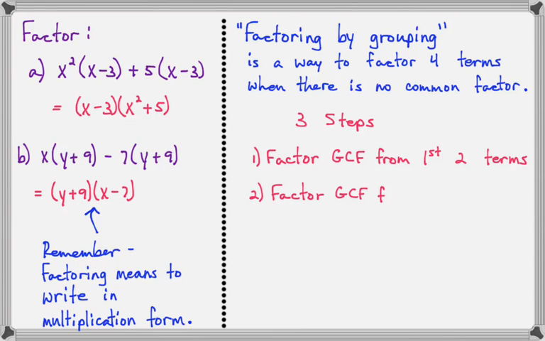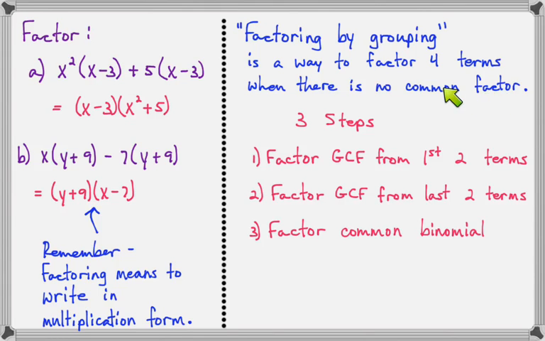Then you're going to factor the GCF from the last 2 terms, and they won't be the same. And then you're going to factor the common binomial, if there is one. So when I say there's no common factor, I mean there's no common factor for all 4. But you'll find that the first 2 have a common factor, and so do the last 2. And the result is 2 binomials that are in factored form.